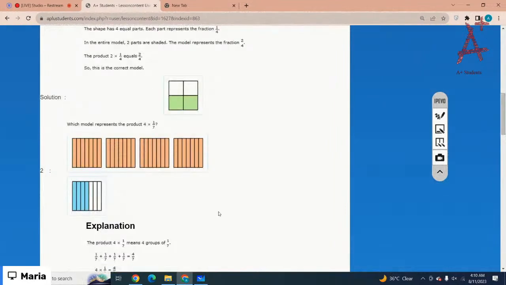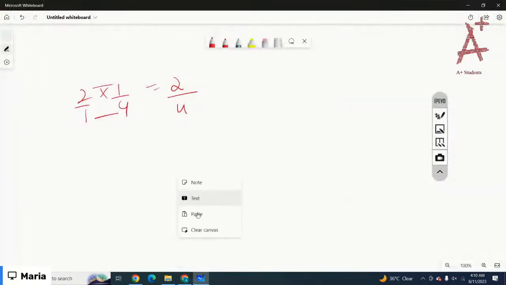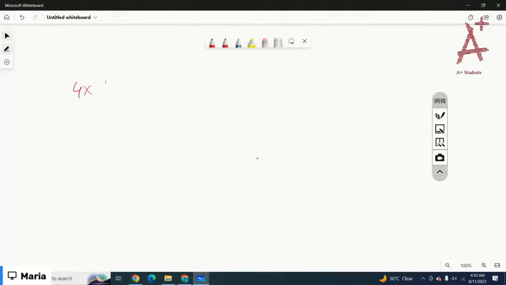Which model represents the product 4 times 1 over 7? First, let's multiply them. 4 times 1 over 7. You don't have any denominator for 4, that means it is 1. You have to do numerator times numerator: 4 times 1 is 4 and 7 times 1 is 7.